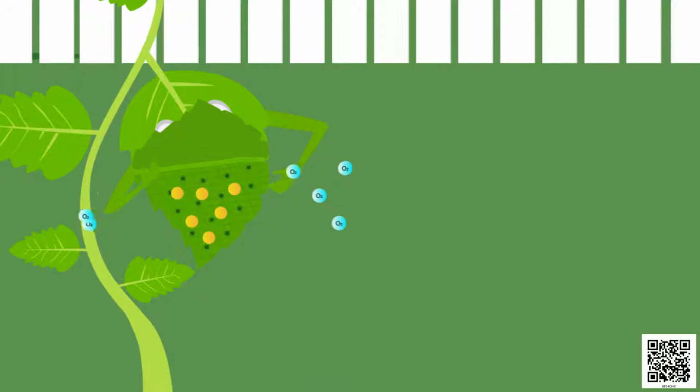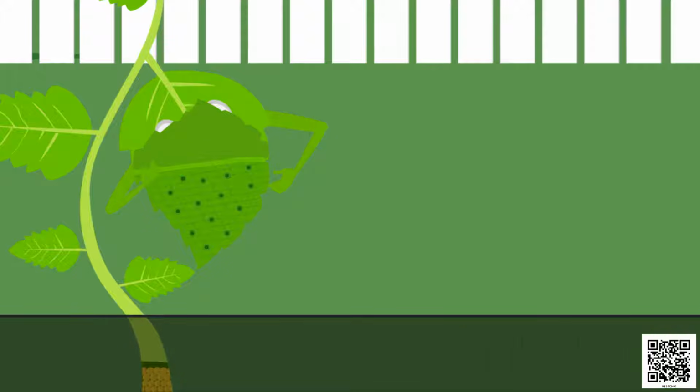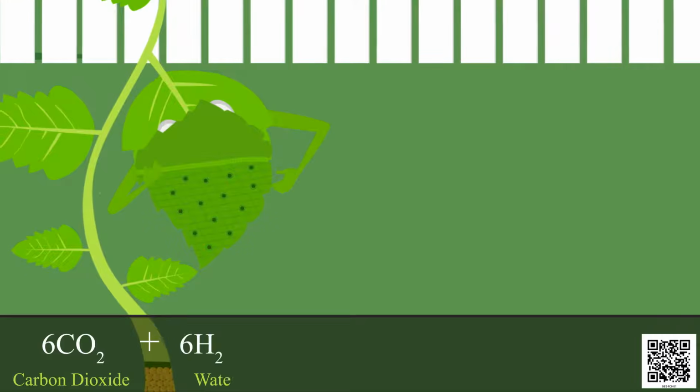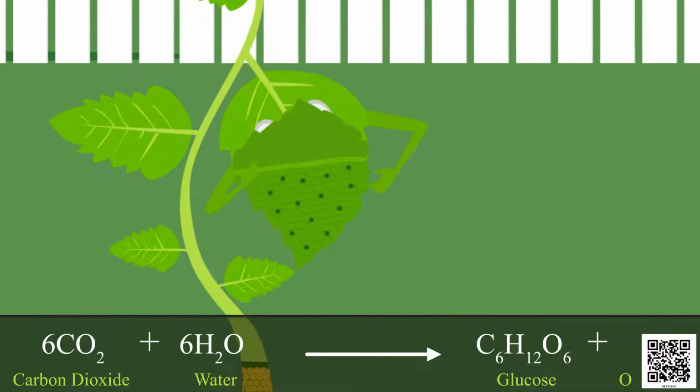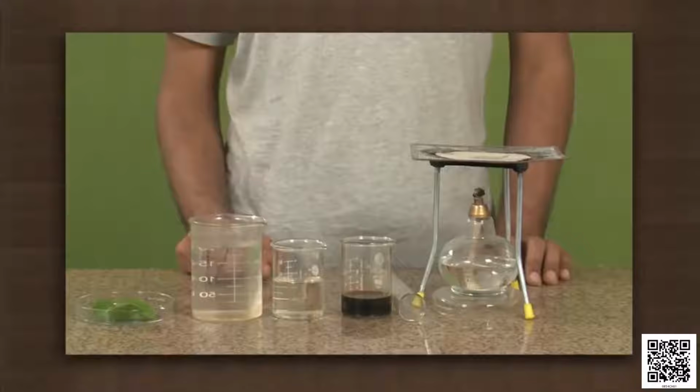The unutilized food is stored in the form of starch, which may be utilized later. So, photosynthesis is the process in which plants prepare their own food with the help of carbon dioxide, water, chlorophyll and sunlight.